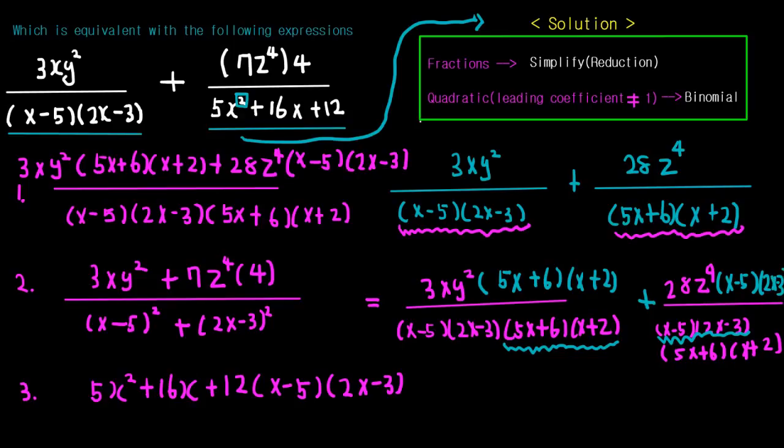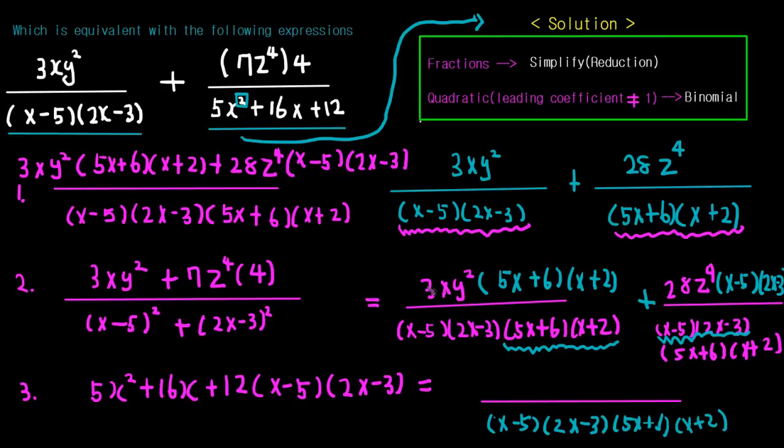So for the denominator, they share a common one, so we don't have to write it two times. We can just write it one time. In the denominator, it is going to be x minus 5 times 2x minus 3 times 5x plus 6 times x plus 2.